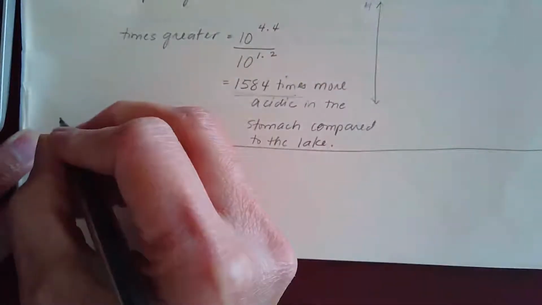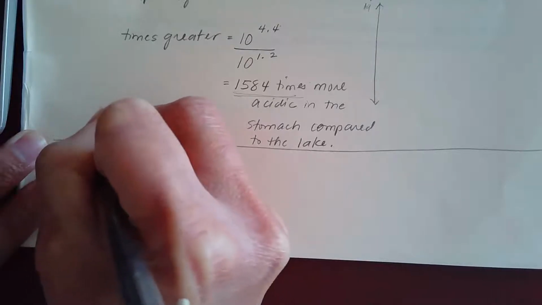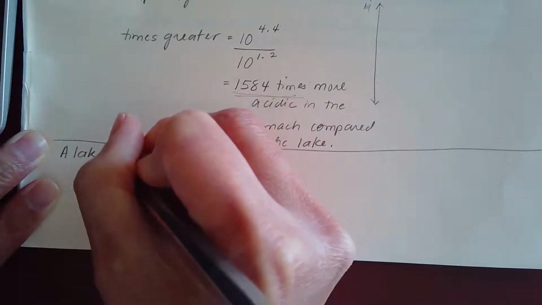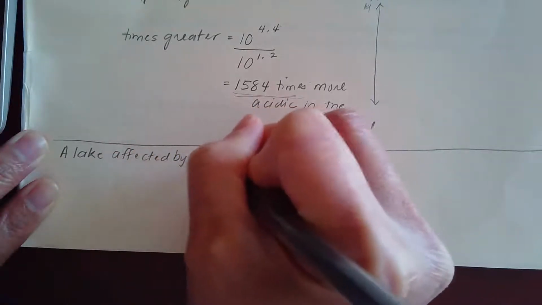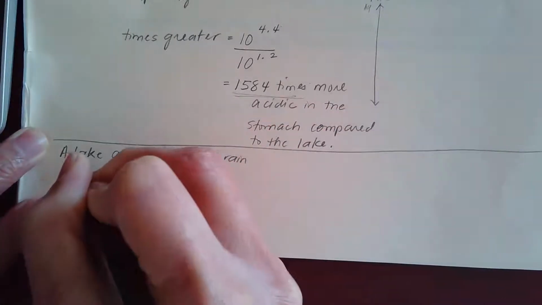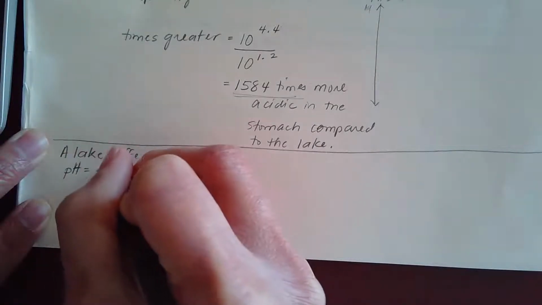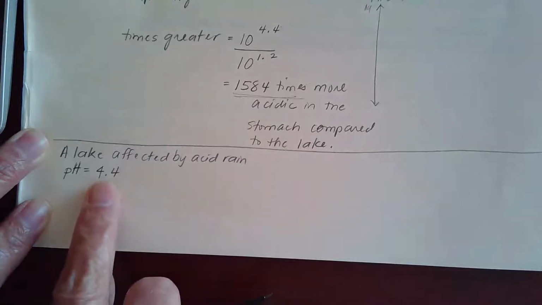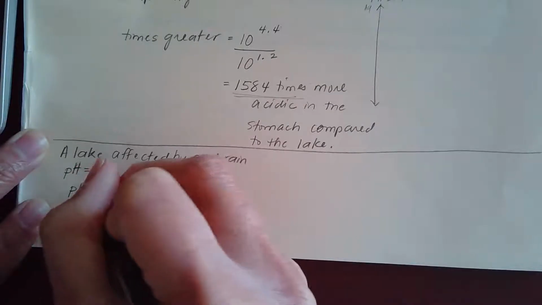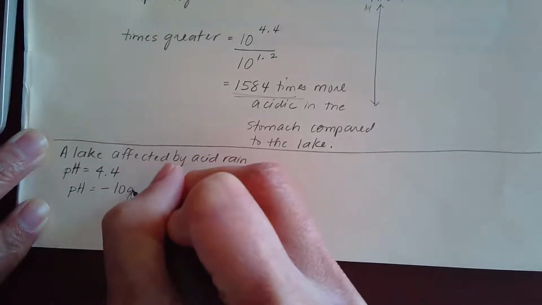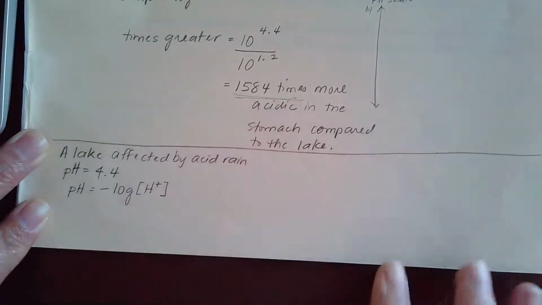So let's start off with the lake, a lake affected by acid rain. Okay, so we know the pH for that. pH is equal to 4.4. So first, we're going to use a formula. pH is equal to the negative log of the hydrogen ion.